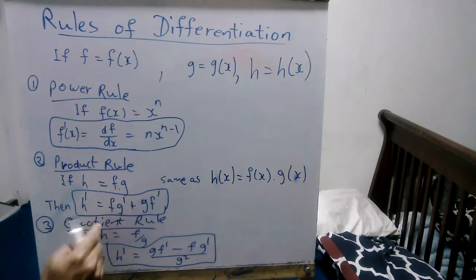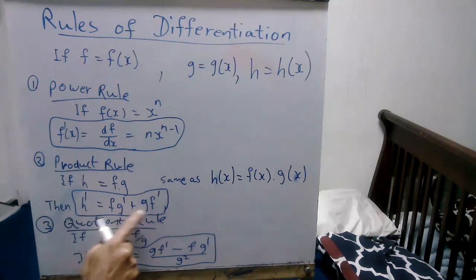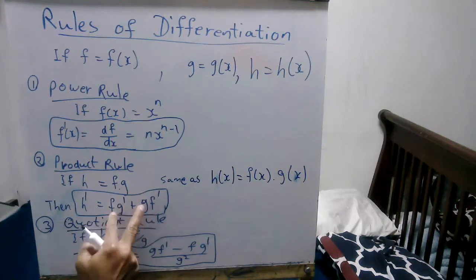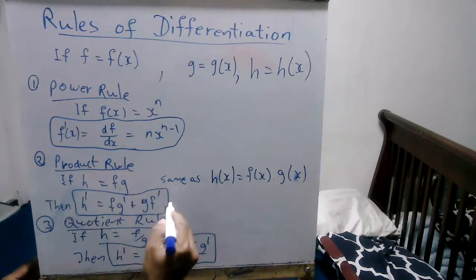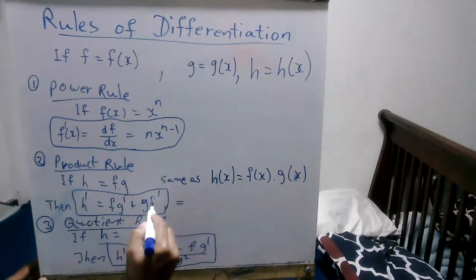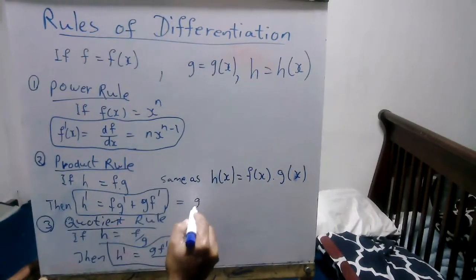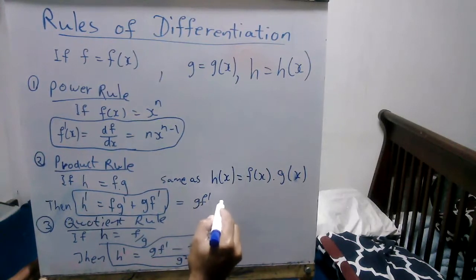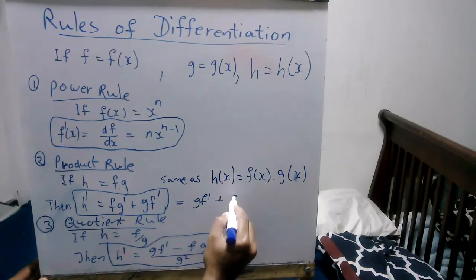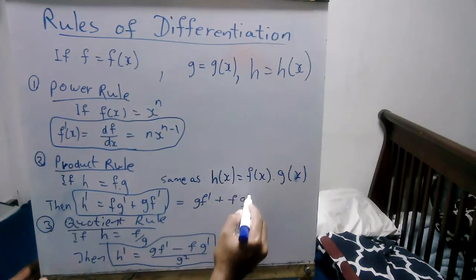When we do the product rule, you see we have a plus in between, right? Therefore, we can interchange these two terms. We can write the second term first, g f prime plus f g prime.